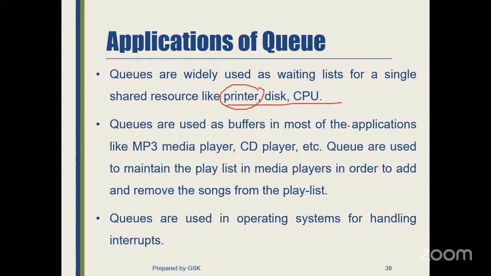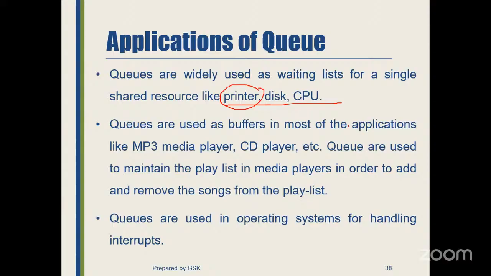Okay, in the printer option, you can observe the print queue. So this is the real-time scenario where we maintain queue data structure internally. The printer application maintains queue data structure internally. First in will be the first out.